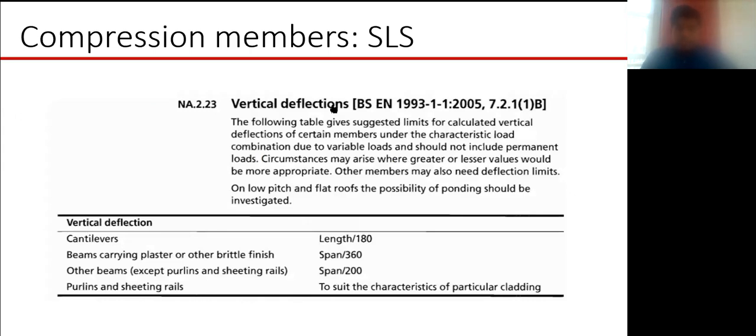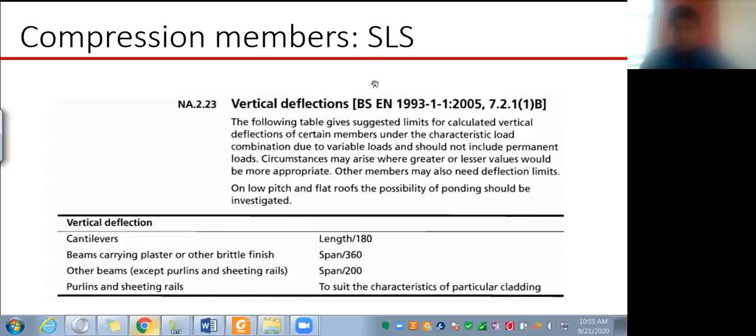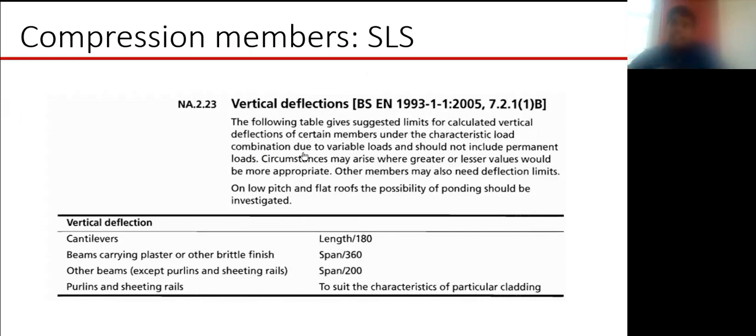Now, if you look at the service limit state requirements in the code, it does not specify anything explicitly about the deflection requirement. However, the national annexes have recommended some deflection requirements. For example, the UK's national annex states that for vertical deflection, if it is a cantilever, the deflection should not exceed length over 180.